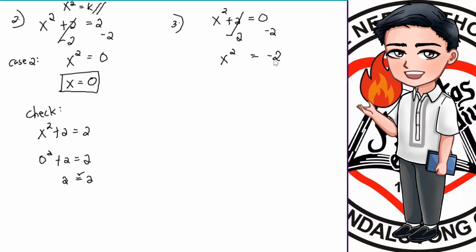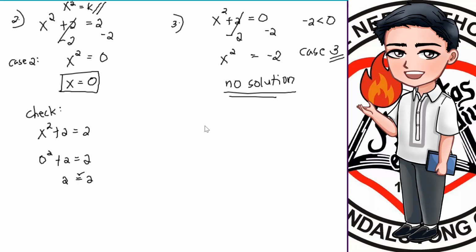Negative 2 is less than 0. Therefore, it is automatic that there will be no solution in this quadratic equation. This is case 3, right?